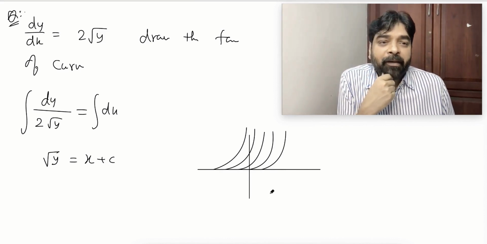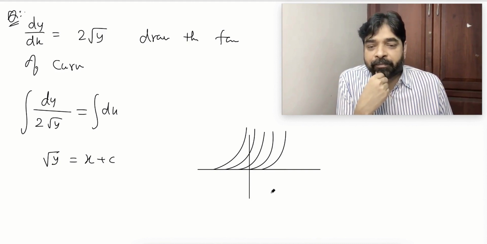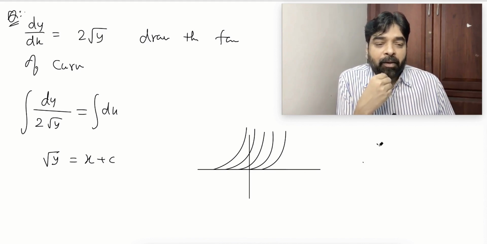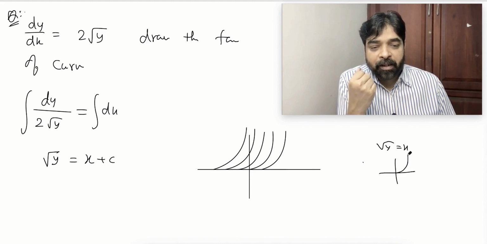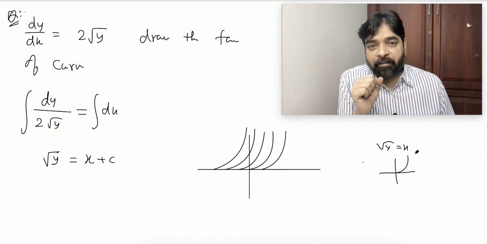Did all of you get the same thing? Is it the same graph you got? The root y equal to x graph is what? This is the root y equal to x graph. Now root y equal to x plus c.